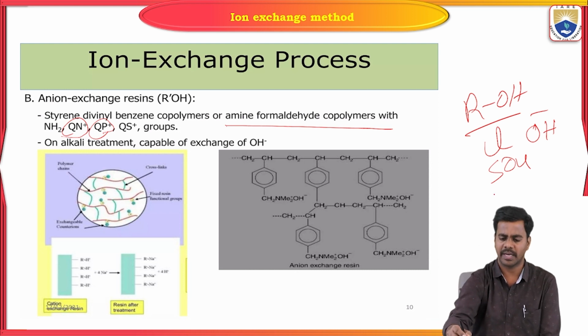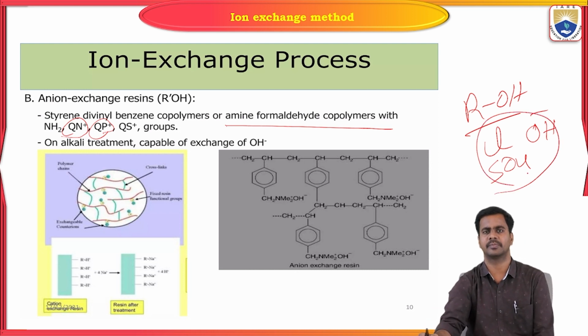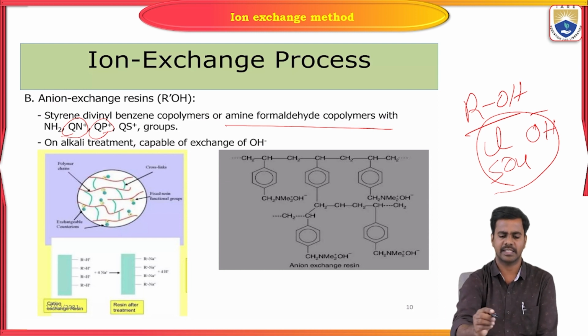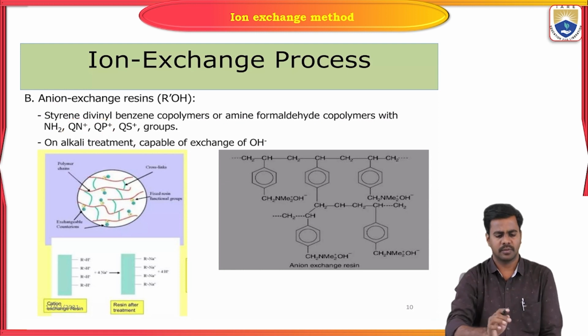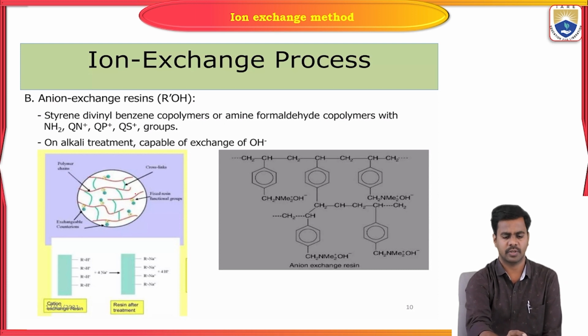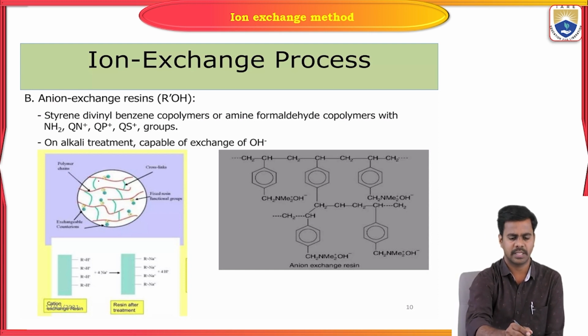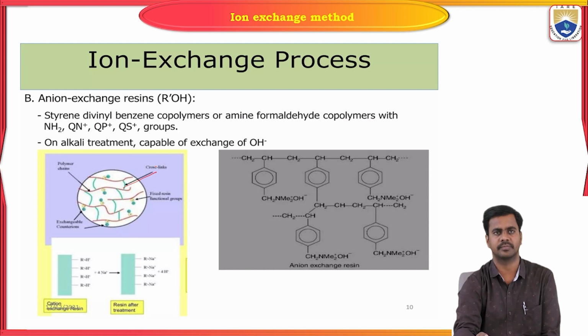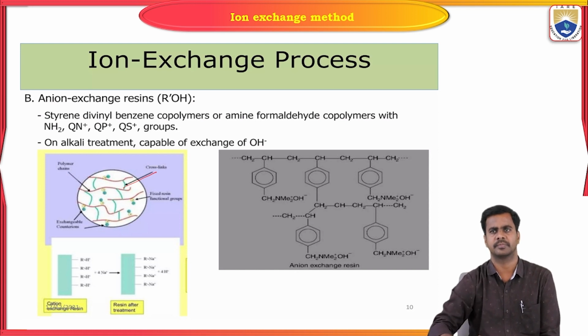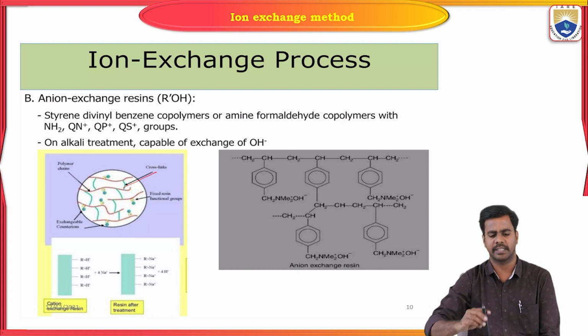These types of anions are replaced by using anionic exchange resins. Look here, this is a cross linkage. Cross linkage structures look like this. These are the linkages between the polymeric chains, so this is known as cross linkage. That is about basic resins.